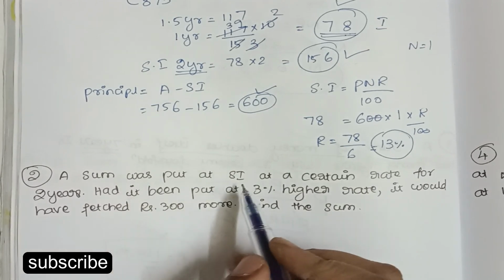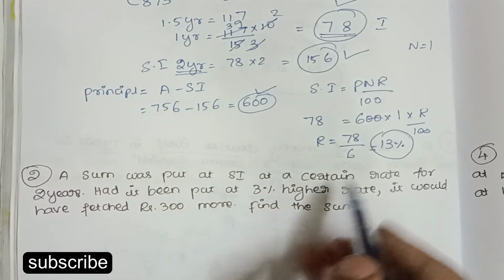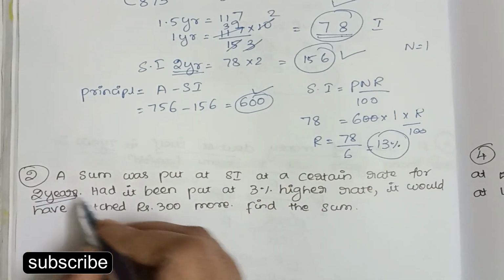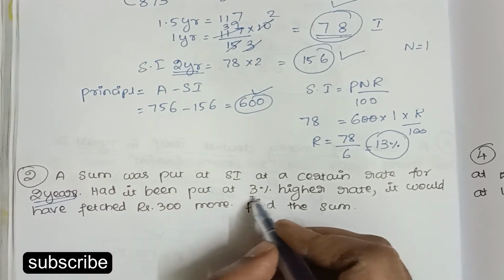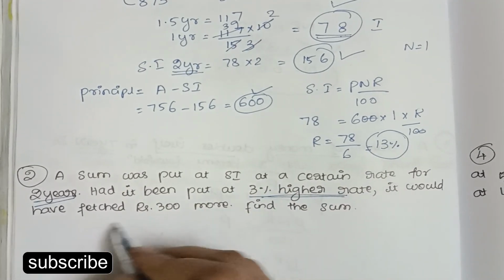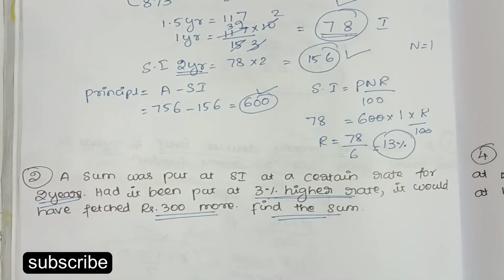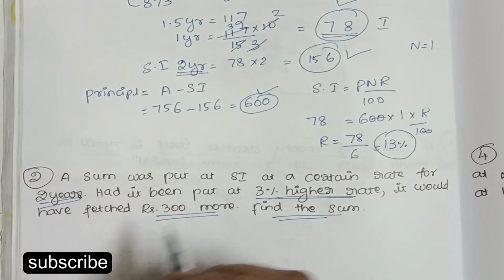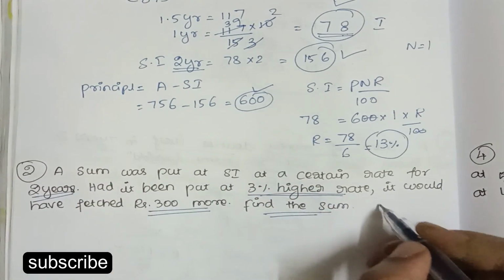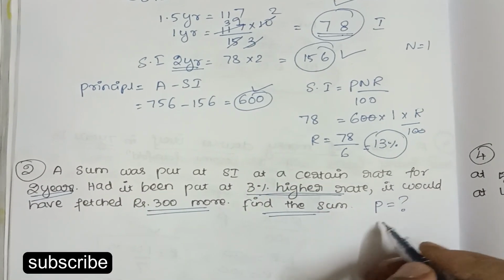A sum was put at simple interest at a certain rate for 2 years. Had it been put at a 3% higher rate, it would have fetched rupees 300 more. Find the sum. Here the principal amount is not known.